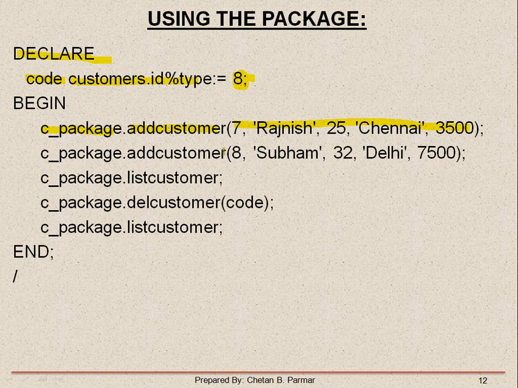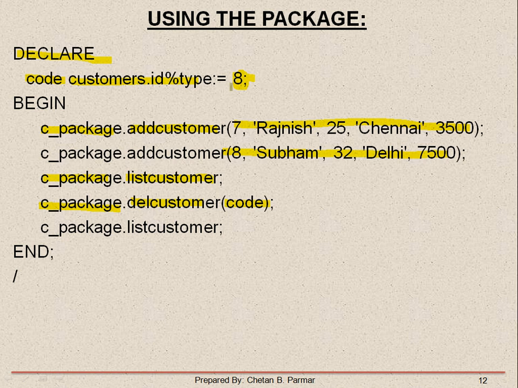In the same way, for the second one I am passing 8, so a total of 8 records will be created. Then I am calling C_package list customer. It will display a total of 8 records; 6 already exist, and 7 and 8 we are just adding. Now I want to delete the number 8 record. So C_package dot delete customer and the code value.